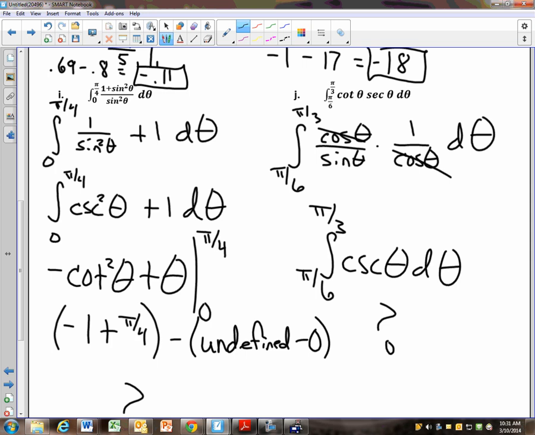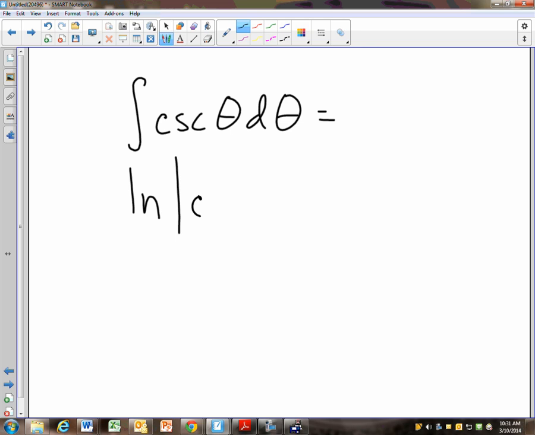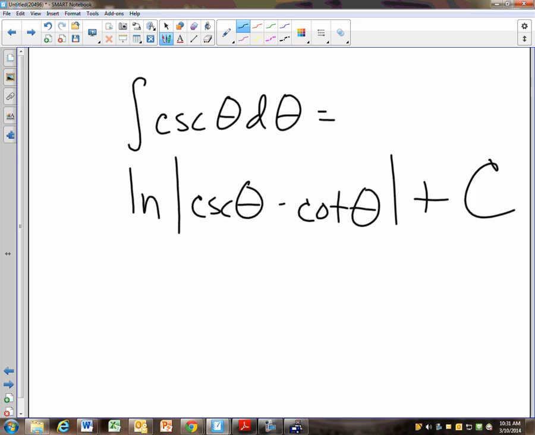Natural. So, this is it. You don't know how to do this yet, but we'll get to a point where I will prove to you that the antiderivative of cosecant theta ends up being the natural log of cosecant theta minus cotangent theta, and you can only take natural logs of positive numbers, so you have to use the absolute value.